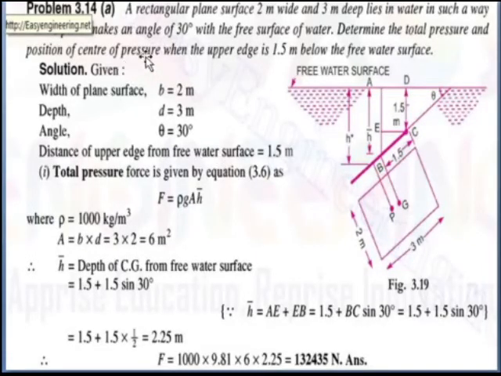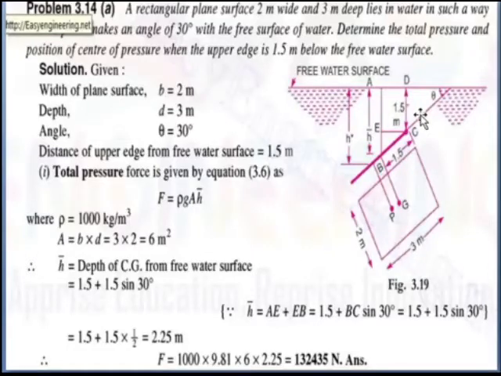What is given in the problem: first, the width of the plane surface is 2 meter, and the depth is 3 meter. The angle is 30 degrees, and the distance of the upper edge from the free surface is 1.5 meter.